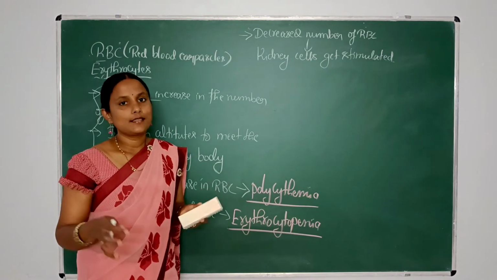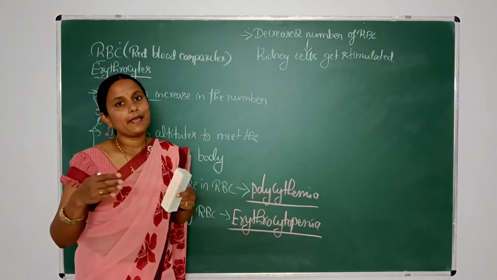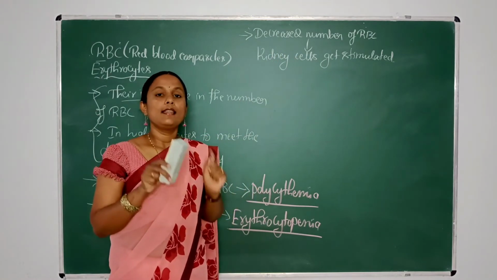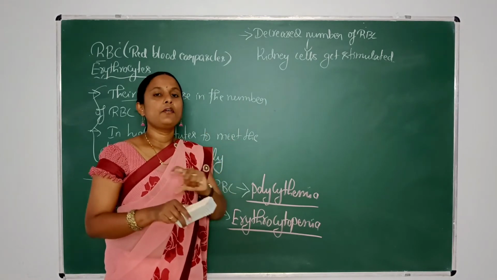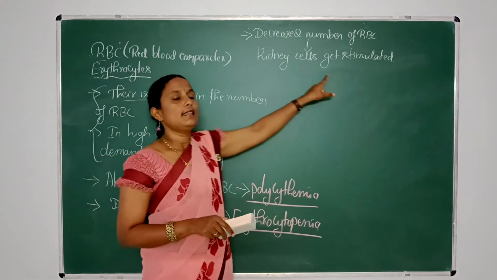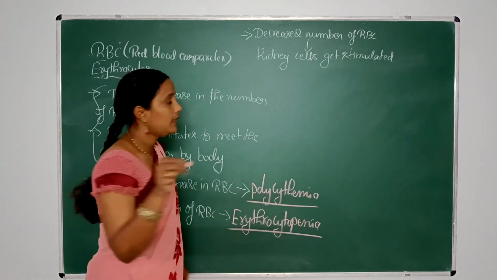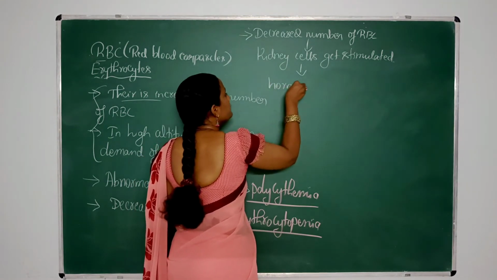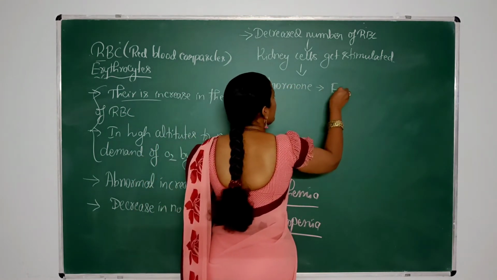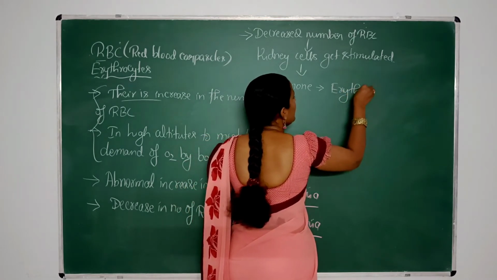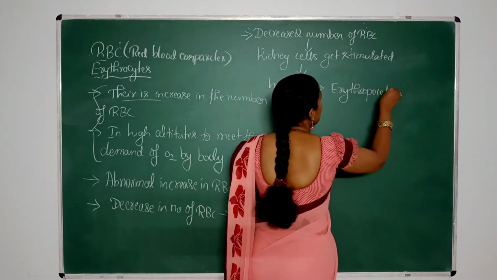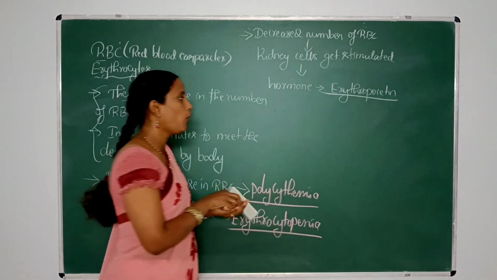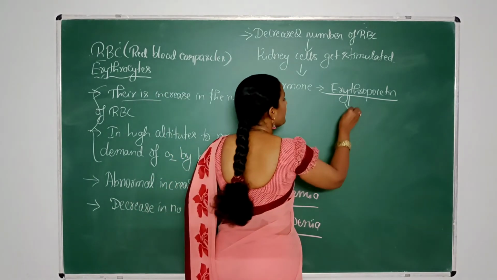In our body, all the systems are capable of repairing on their own. So if the number of RBCs decreases, it is detected by the cells of the kidney, and the kidney cells will produce a hormone called erythropoietin.